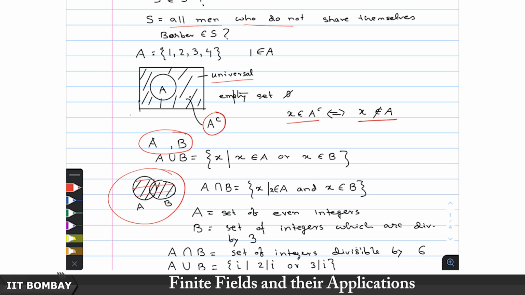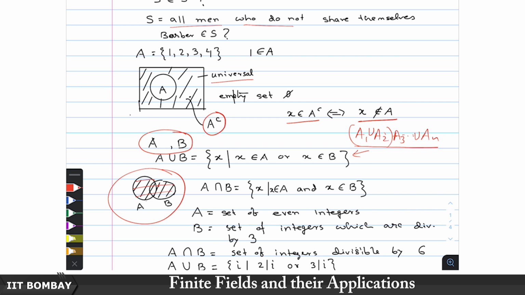Now, this union is defined for a pair of sets, but you can extend this definition to any finite number of sets clearly, because if you have sets A1, A2, etc., An, then you can first take A1 union A2, then take the union of that with A3 and so on, union of An. But one can also extend this definition to any collection, including an infinite collection of sets.